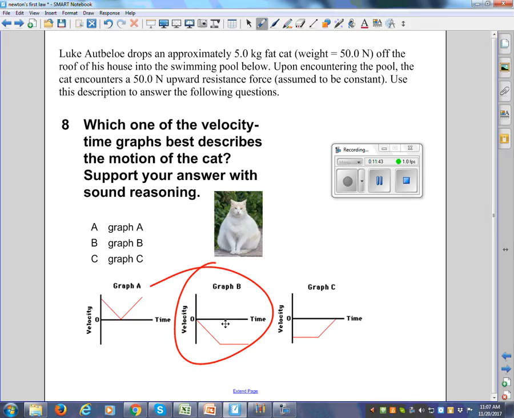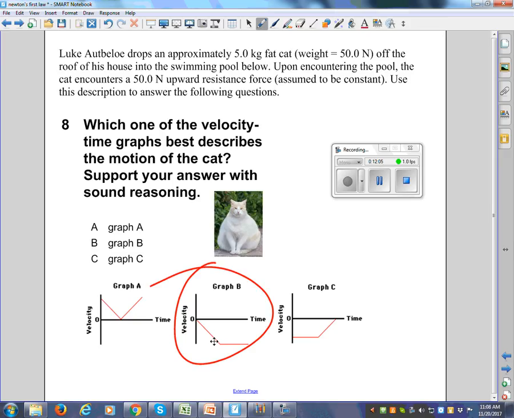Oh, well, here's the learning part where you're going to figure out how to get it right. So it's falling negatively, so it has a negative speed, and it's increasing in speed. But once it hits the water, as Tia pointed out, both of those forces are now what? Equal. What's the net force? Zero. So if the net force is zero, then objects in motion stay in motion.